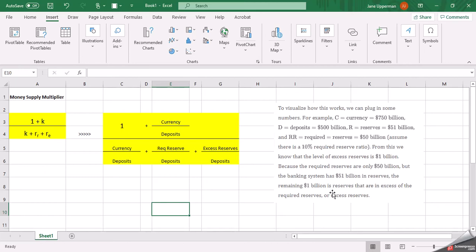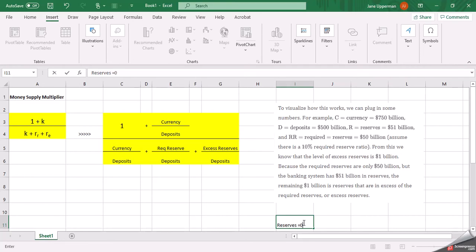From this, we know the level of excess reserves is 1 billion. Also, if you look in our book, it tells you that the reserves are equal to the required reserves plus the excess.